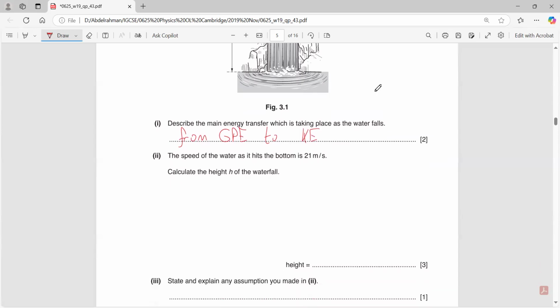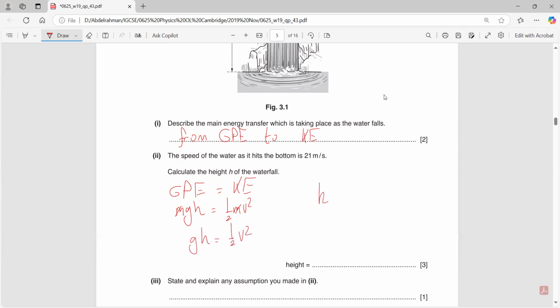Can I find the height of the water? Yes, we would equate gravitational potential energy to kinetic energy. So basically mgh equals half mv squared. Remove the masses, so gh equals half v squared.